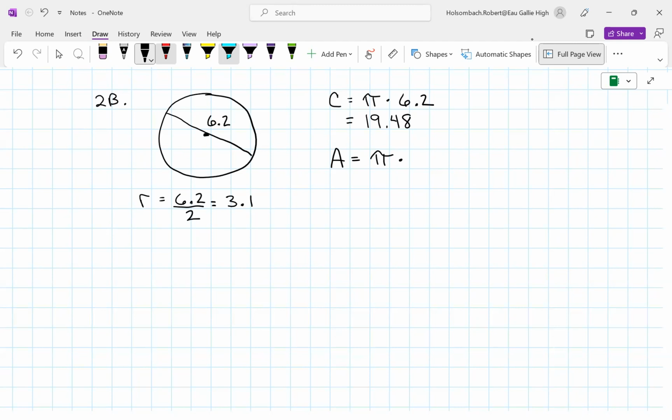If you're given the diameter, make sure you divide it by 2 to get the radius. So pi times radius, which is 3.1 squared. So I'm going to take 3.1, I'm going to push x squared button. I get 9.61. And then I'm going to push times pi button equals, and I get 30.19. That's our area.